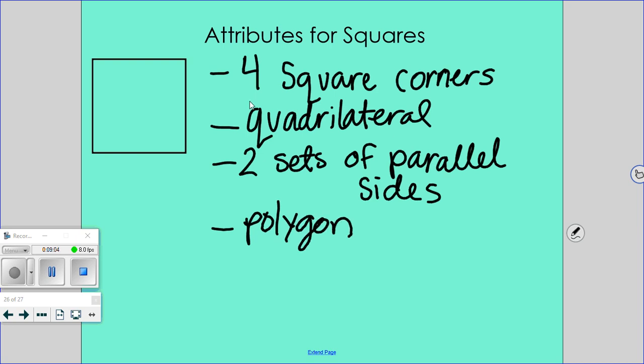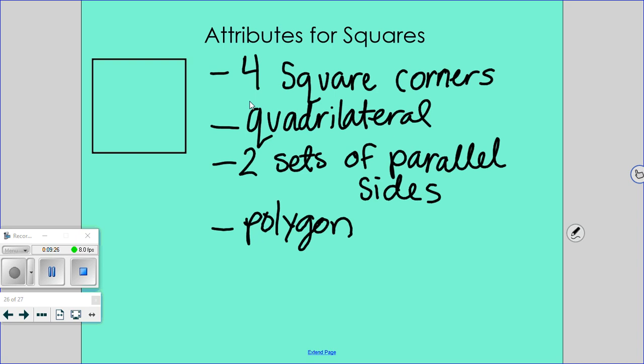Now this is the same list that we have for a rectangle, which is why I can call that shape a rectangle. There is one difference between all rectangles and a square.